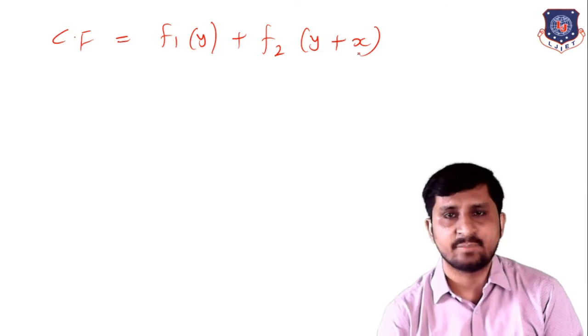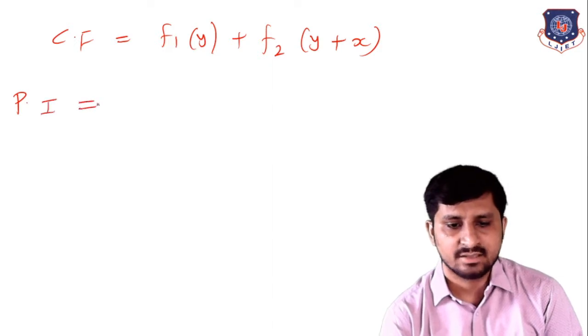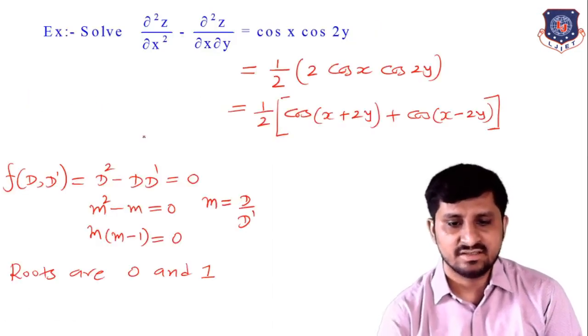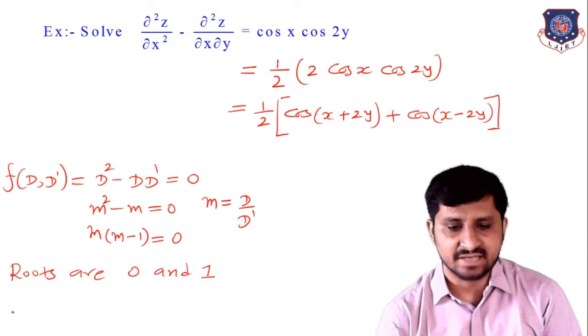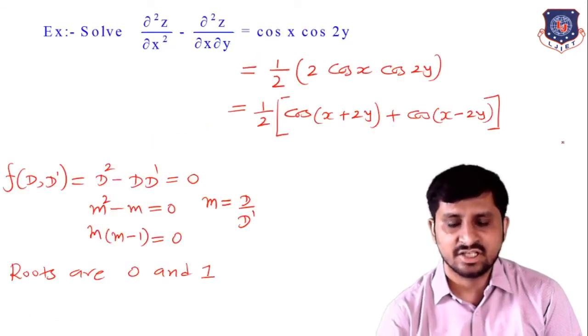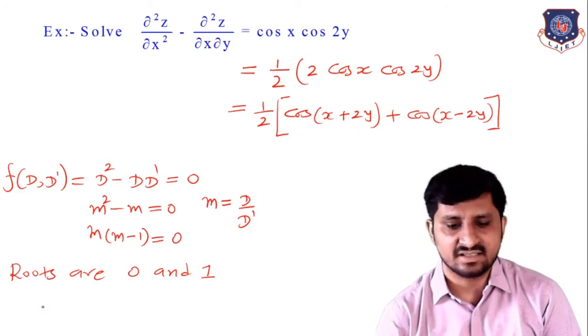Now I want to find the particular integral. We know the particular integral is 1 upon f of D, D dash. So 1 upon D square minus D dash, and the function is 1 by 2 of cos(x plus 2y) plus cos(x minus 2y).